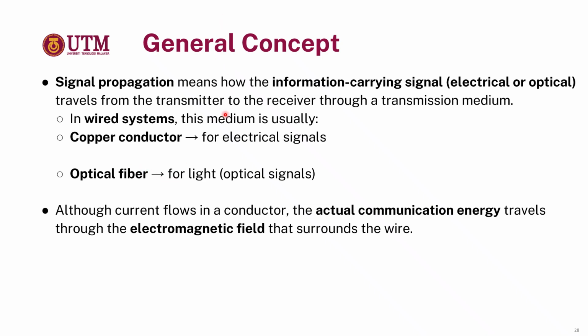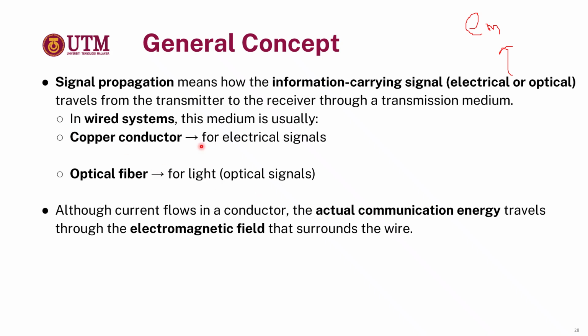So the general concept: signal propagation means how the information-carrying signals, either electrical, electromagnetic, or optical, travel from the transmitter to the receiver through a transmission medium. Here we can add EM wave, electromagnetics. In a wired system, the medium is usually copper for electrical signals, optical fiber for light.